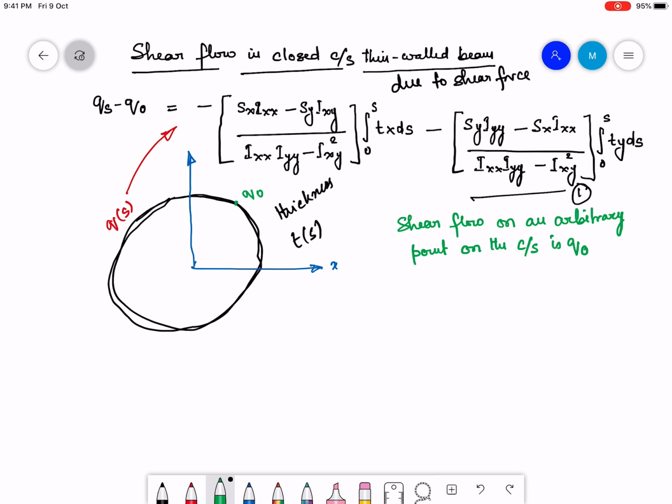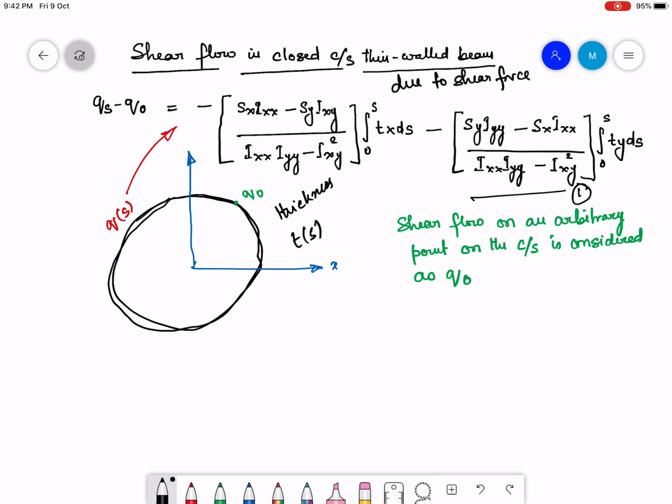Once I do this, I can solve equation 1, and the entire solution of qs will be known with an unknown term Q0.